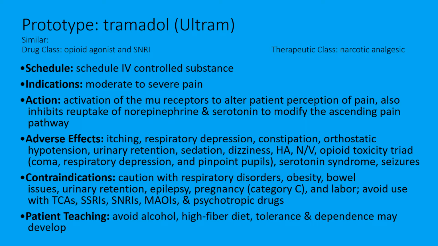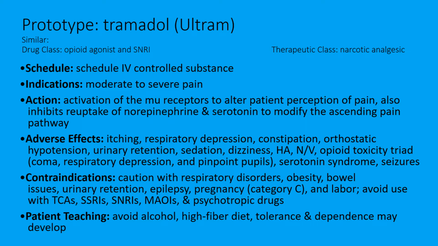Okay, we just will use straight opioid analgesics such as fentanyl or morphine or hydromorphone. Okay, I would still consider this one an opioid analgesic. It just has this really weird other effect that acts as an antidepressant. If you look under the adverse effects of tramadol, they're all the opioid side effects. Itching.